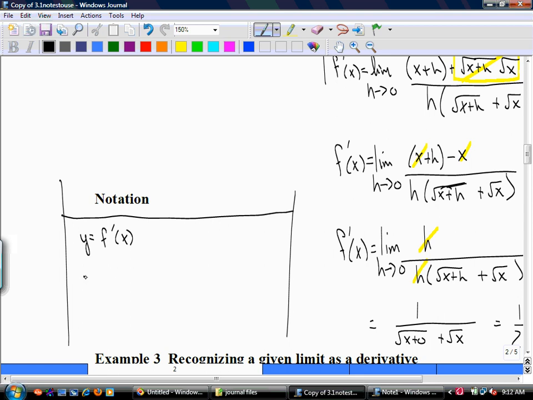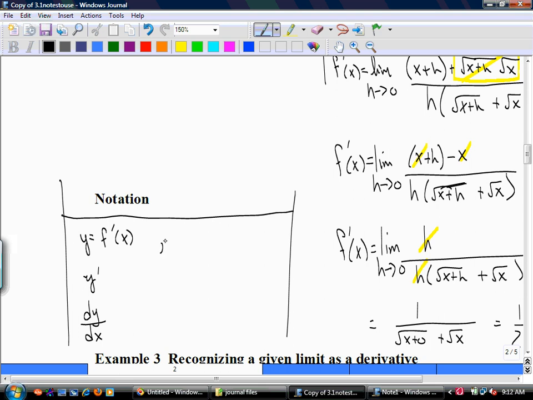I've seen it written like this, y prime. So this is Newton's notation, I think. I should check and make sure. But anyways, the other more common one that you'll see is dy over dx. Guess what the d stands for? Derivative. It's the derivative of y with respect to x.